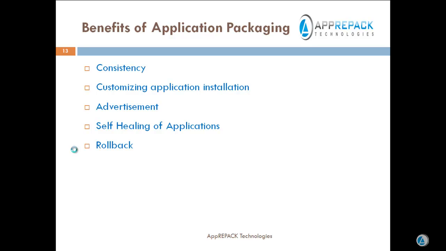The next 3 points are advertisement, self-healing, and rollback. You might not be able to understand the meaning of these at this point, but I will explain them from a layman's perspective. Advertisement and self-healing are interrelated. For example, let's say there is a company which manufactures a product X, but the product X has to be sold to the customers.